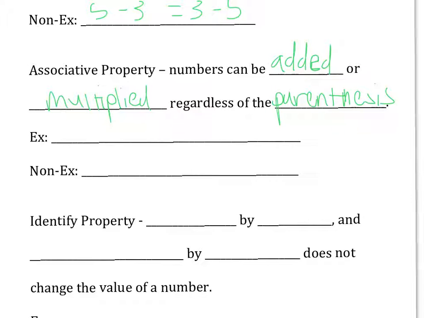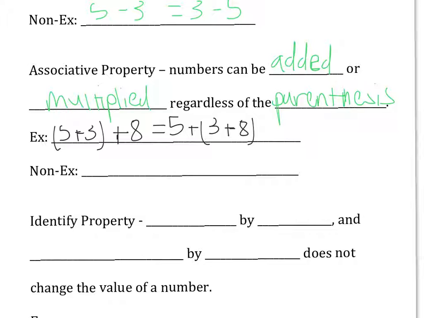So an example of the associative property could be, in parentheses, 5 plus 3 plus 8 is equal to 5 plus, now in parentheses, 3 plus 8.